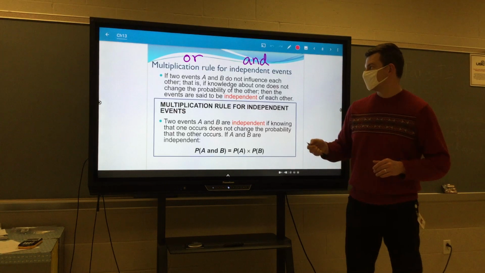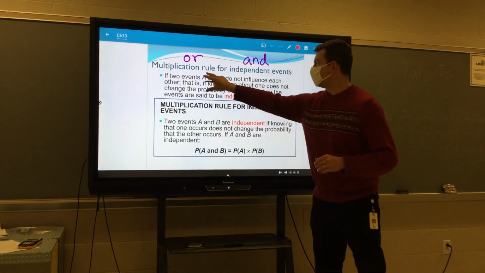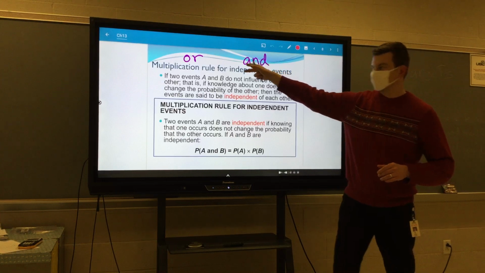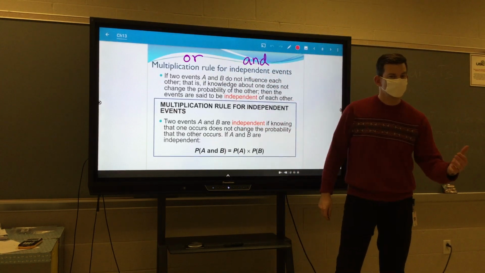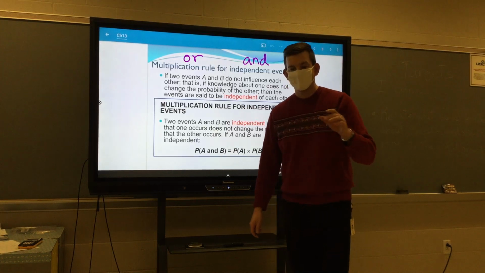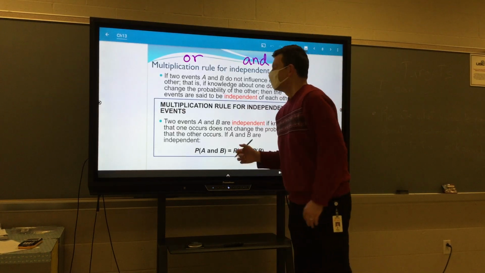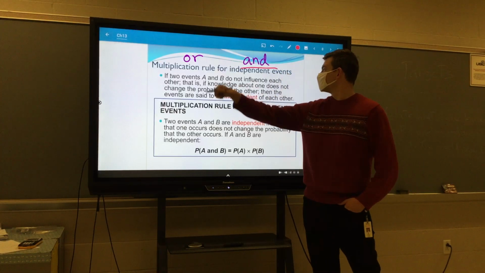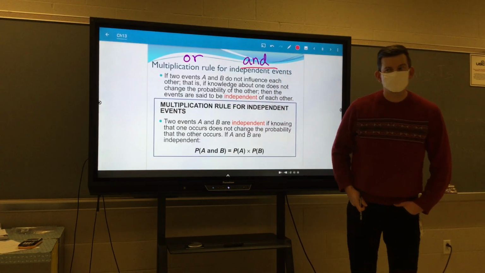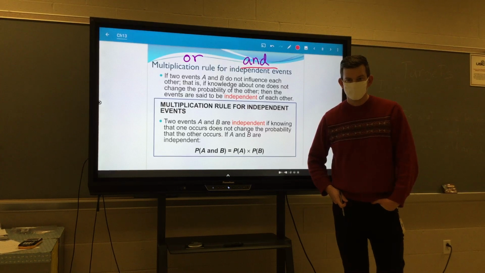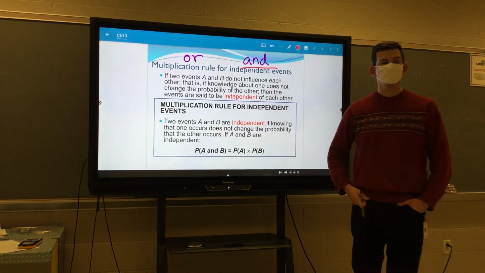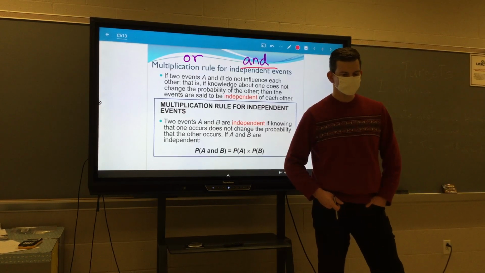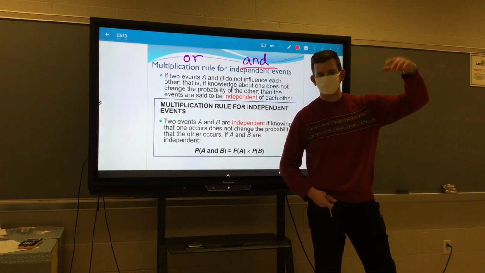Okay, we get to this key idea that for multiplication, we're using the word and. Previously, with addition, we were using the word or. Or means add, and means multiply. Now, what can be a little bit of a challenge here is that sometimes we don't always express the word and. You'll see this in some of the problems we're looking at today. One is a cookie problem, where there's a bunch of cookies in a jar.